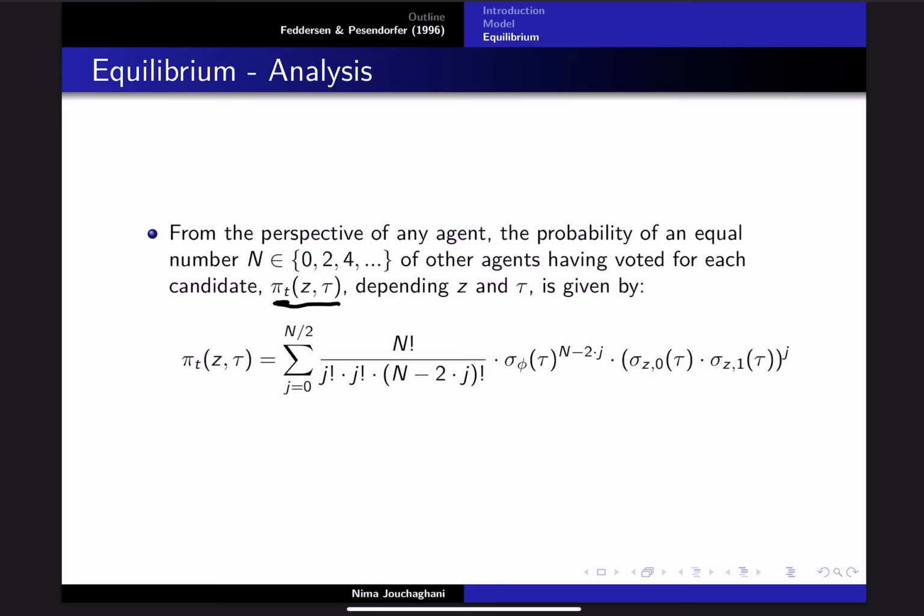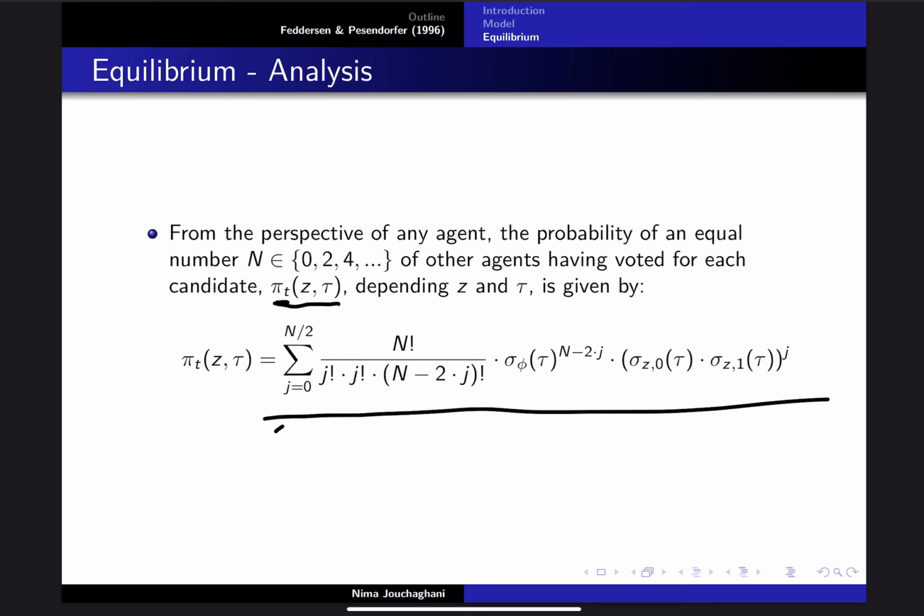T stands here for tie, and this depends on the state of the world, and it depends on the strategy profile of the uninformed independent agents. It's explicitly given by this expression here.